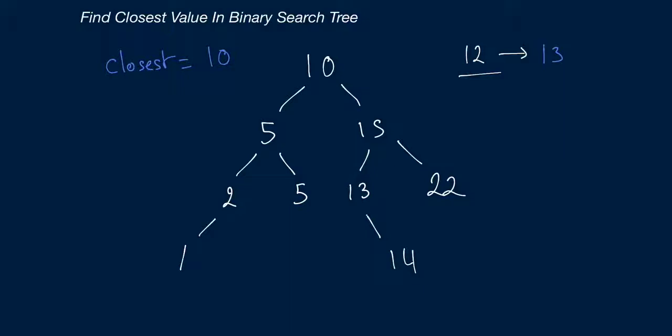So to reiterate that, in different words, every number to the left of 10 here is farther away from 12 than 10 is, because we know that they're all smaller than 10, and 12 is greater than 10. So we don't have to explore any of these numbers, and we can literally eliminate half the BST that we have to traverse.